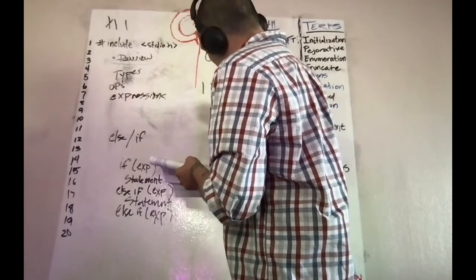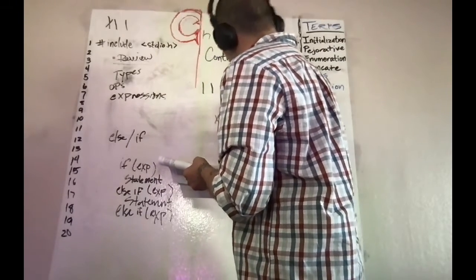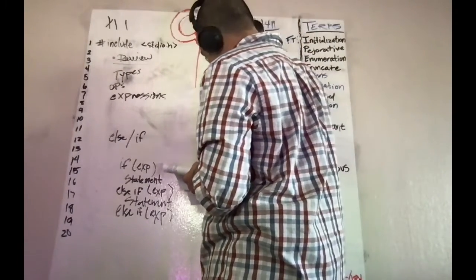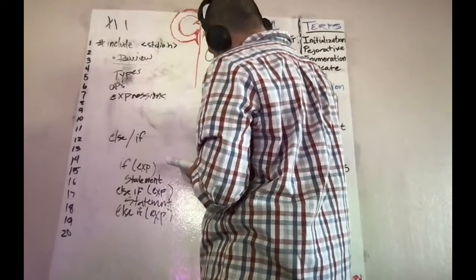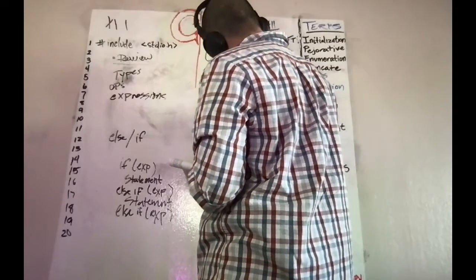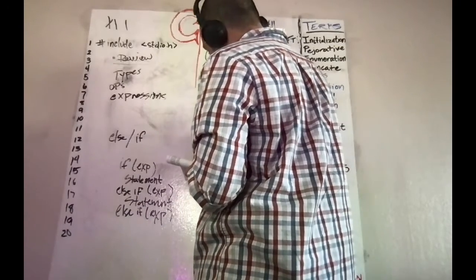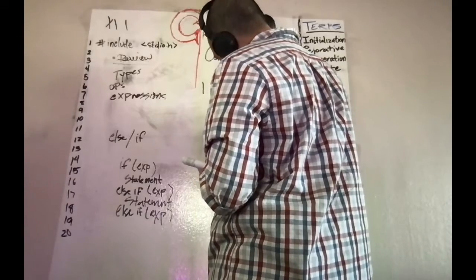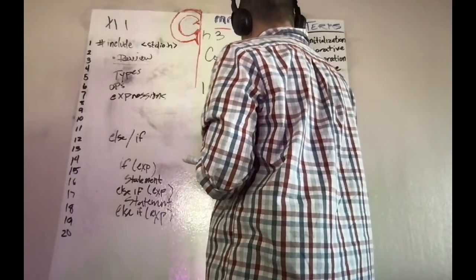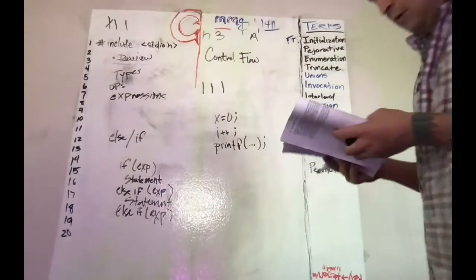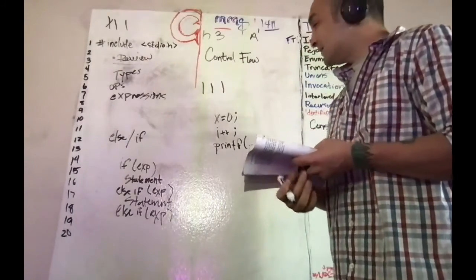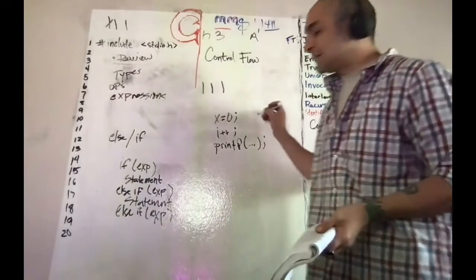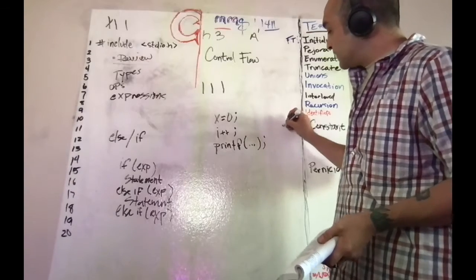If x is equal to 0, statement, semicolon; statement, i plus plus, semicolon; and statement, printf. Three statements, okay? Syntactically, according to the syntax as it stands right now, these are three separate statements.